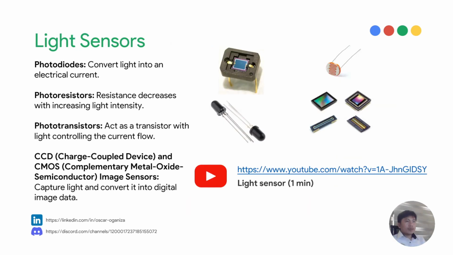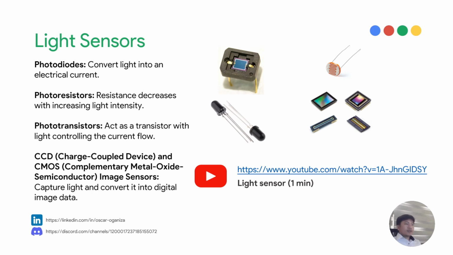We have here another type of sensor, which is the light sensor. I also prepared a 1 minute video for this slide. Anyway, let us continue. I have here four types of light sensors: the photodiodes, the photoresistors, phototransistors, and the CMOS.